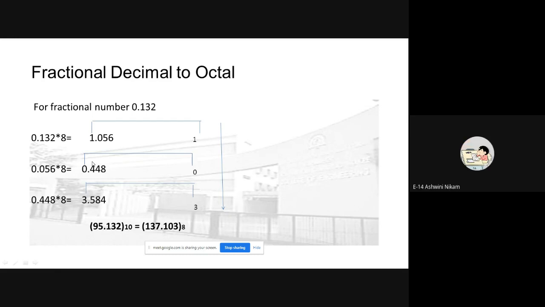Okay, ma'am. And in binary, it can't be more than 1, right? Yes, it can't be more than 1. This is the basic condition. Octal number only has the distinct values from 0 to 7. Okay, if you are getting more than 7 as a carry, then your answer is definitely wrong.